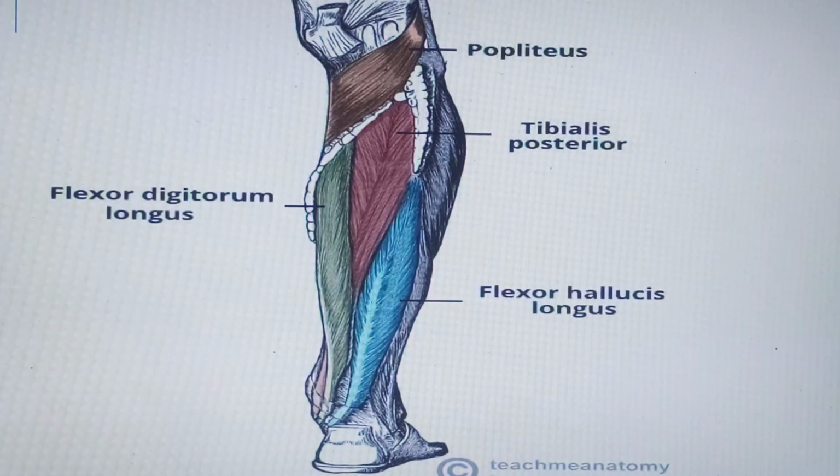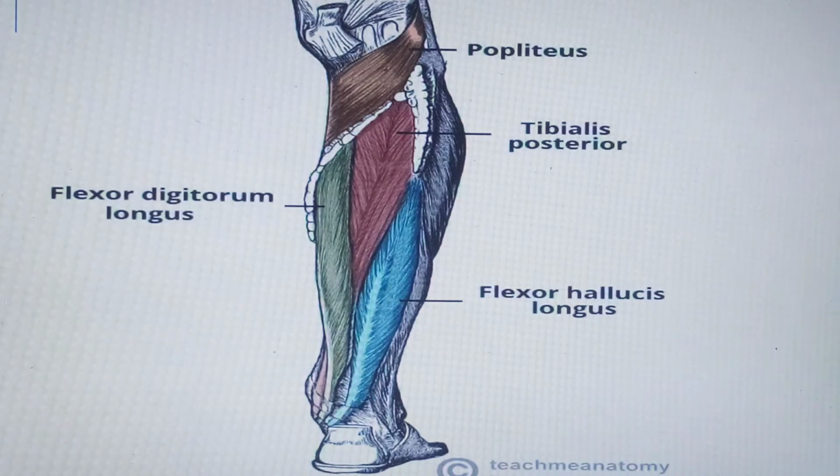Then it will also insert onto the base of the second, third, and fourth metatarsals. So the first and the fifth metatarsals don't have insertion points. Please get to know that it has a very great point of insertion.